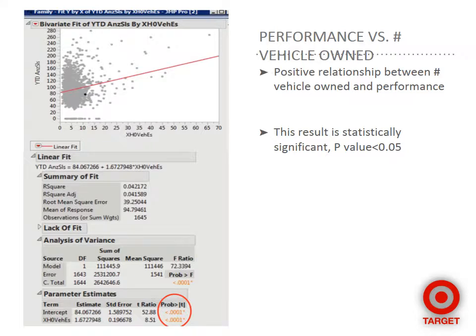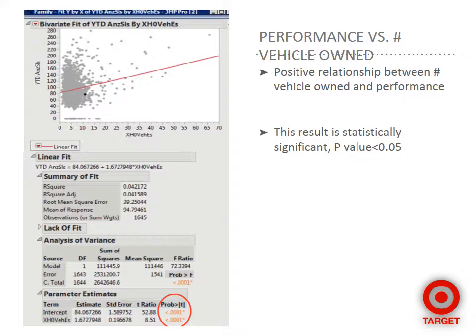The last thing we want to evaluate is the number of vehicles owned per family versus Target store performance. So I do the fit Y by X, and I find there's a positive relation between the number of vehicles a household owns and store performance. You can see here, it's a straight line.